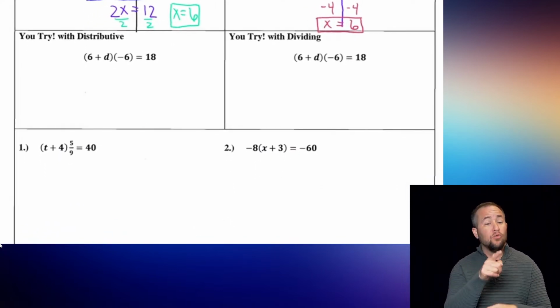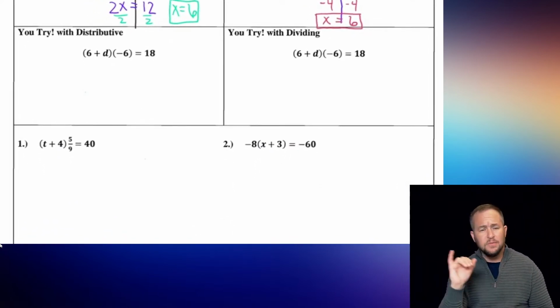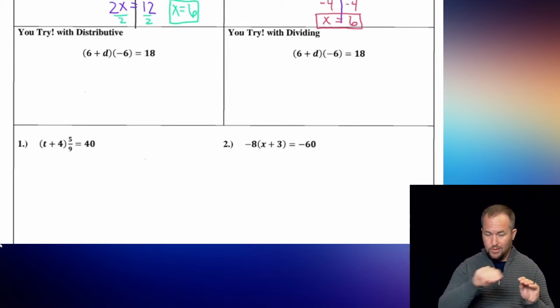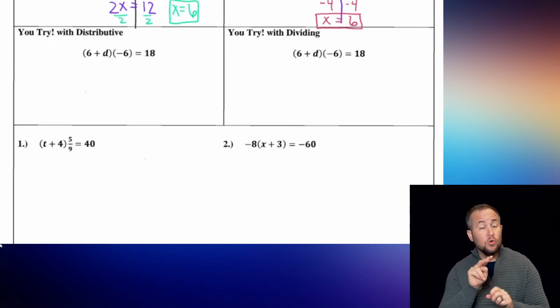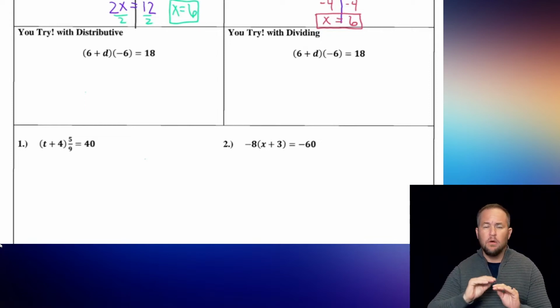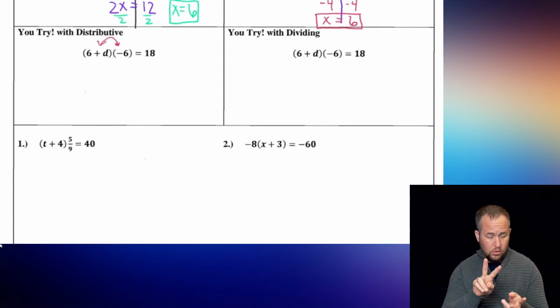This, again, is the exact same problem that we're going to solve using the distributive property and using the divide method. Make sure that you are looking up at the examples that we just completed and follow those same steps. Obviously, these ones are in different orders. So if it makes more sense for you to switch these two things around, because of the commutative property, we can do that.